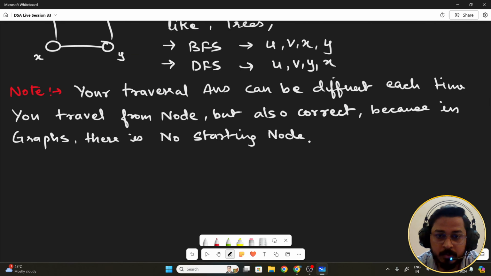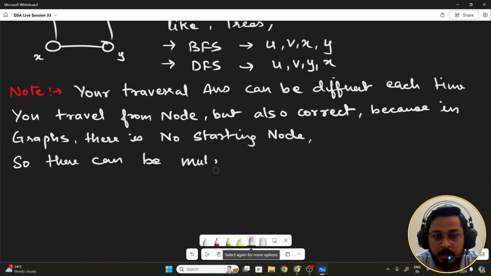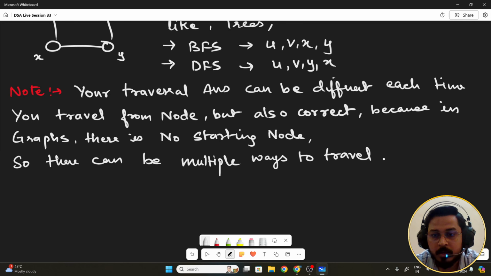There is no starting node. So there can be multiple ways to travel in a graph.